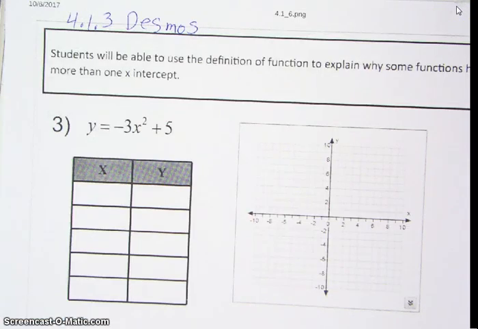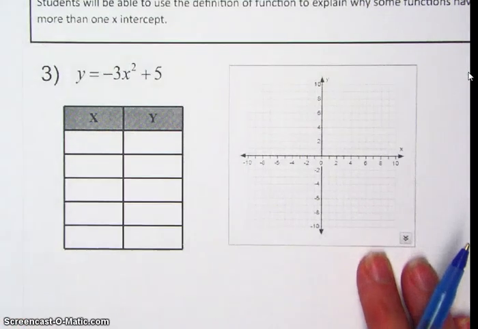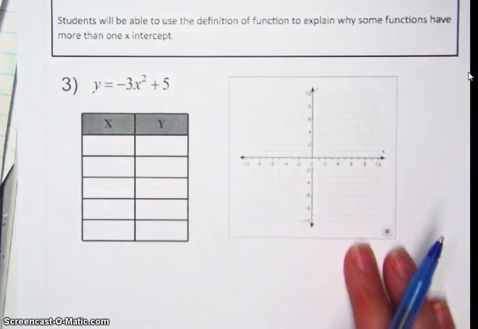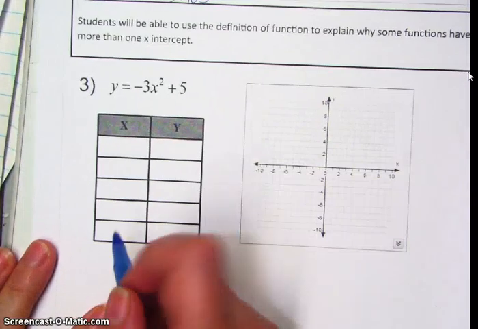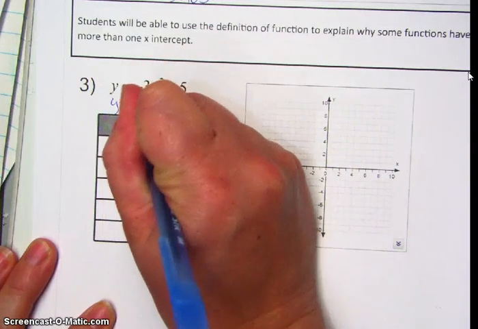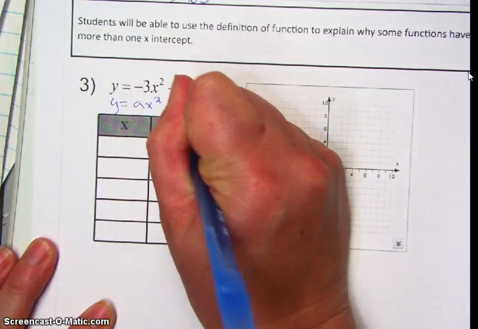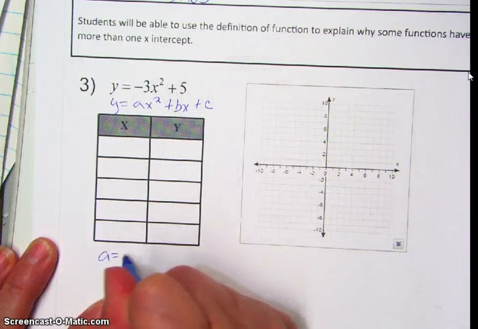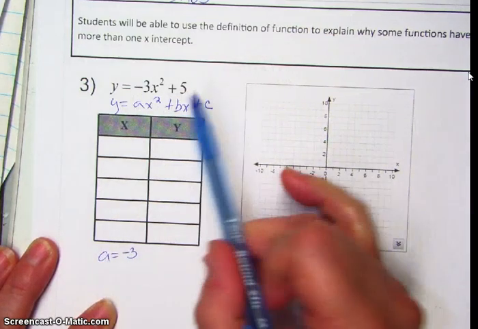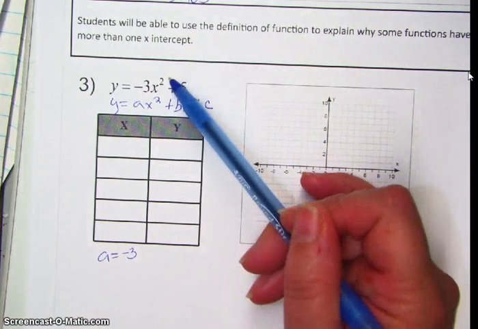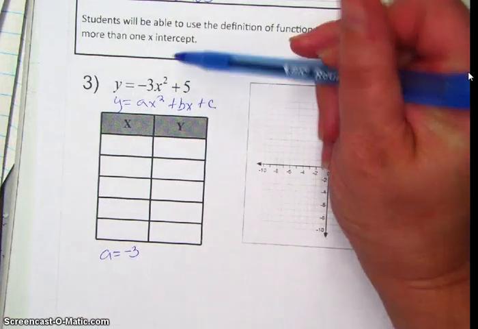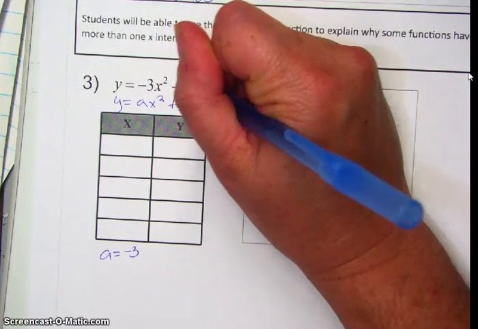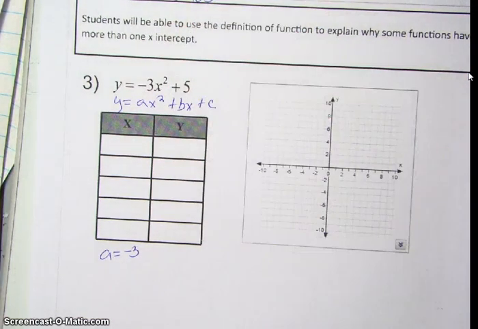So I have y equals ax squared plus bx plus c. For this problem, a equals negative 3. For b, there is no x term, no term that has just an x to the power of 1.